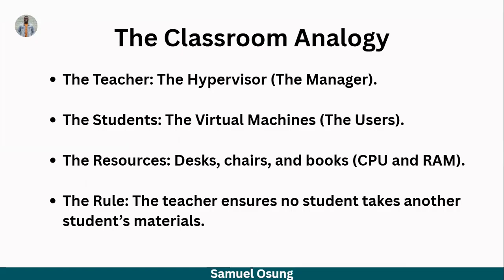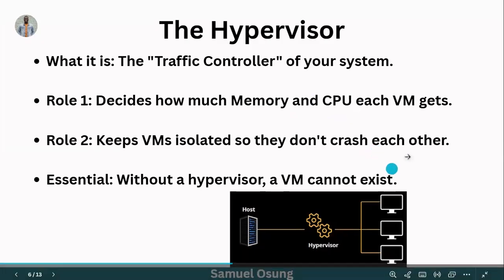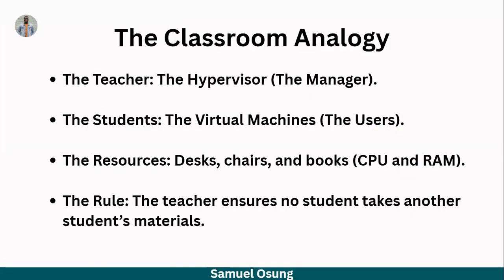Now, if this analogy is too difficult to grasp, let us look at another analogy. Let us look at a simple classroom example. Imagine a teacher managing a classroom. Each student gets a desk, each student gets a chair, and each student gets a book.